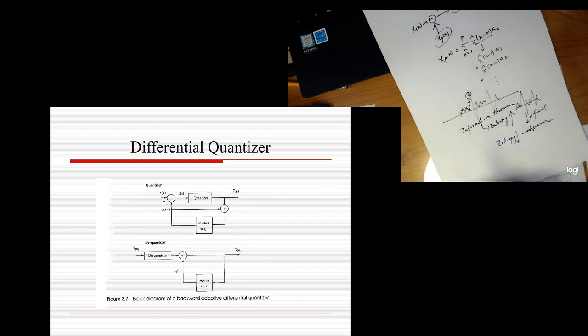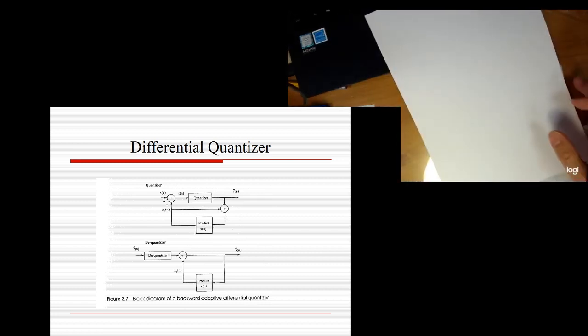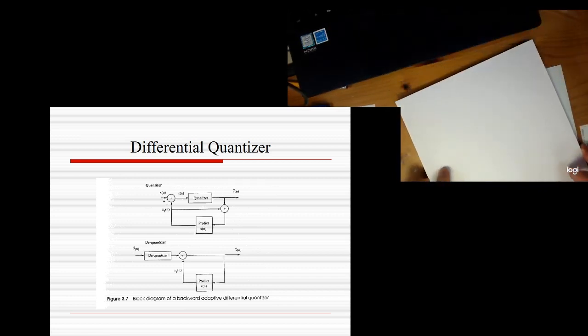So here you can see the differential quantizer. They use the incoming signal and subtract your prediction to get a residual signal. The differential signal goes to the quantizer, and they get an index. The index will be dequantized, and the dequantized signal is summed with the original signal to do the prediction. So this flow chart should be changed like this.